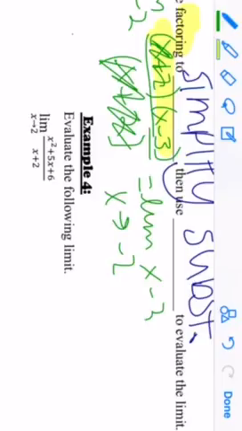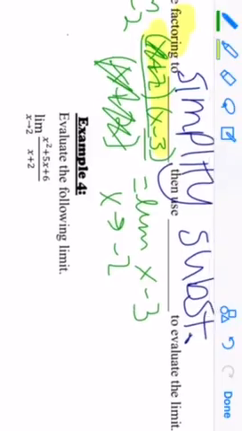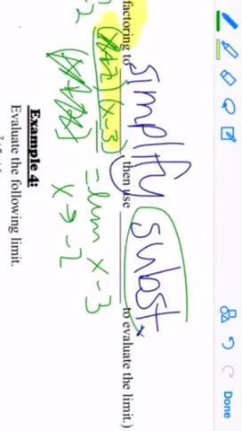All right, so now all we're left with is the limit as x approaches -2 of x minus 3, okay? And now we can use substitution to figure that out. So we're just going to plug in -2 in for x.